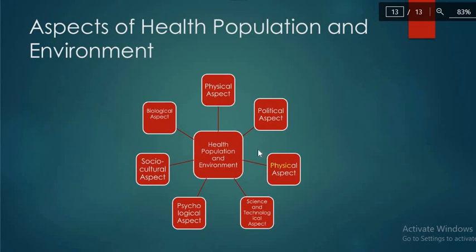So with this I would like to conclude today's class, and the detailed information about aspects of health, population and environment. Okay, definition of physical aspect, political aspect, economic aspect. This is economic aspect. Okay, please be clear.